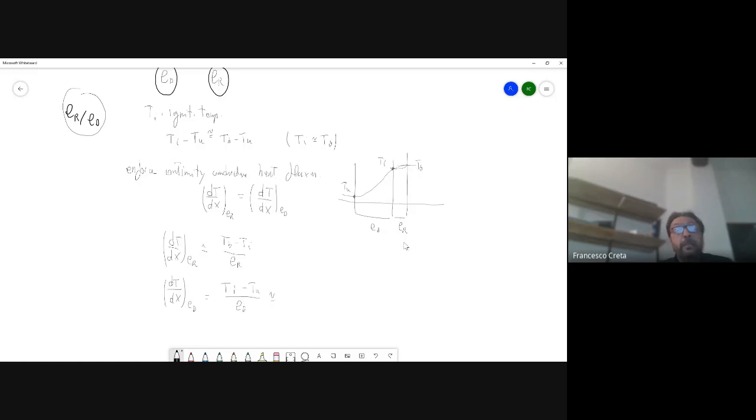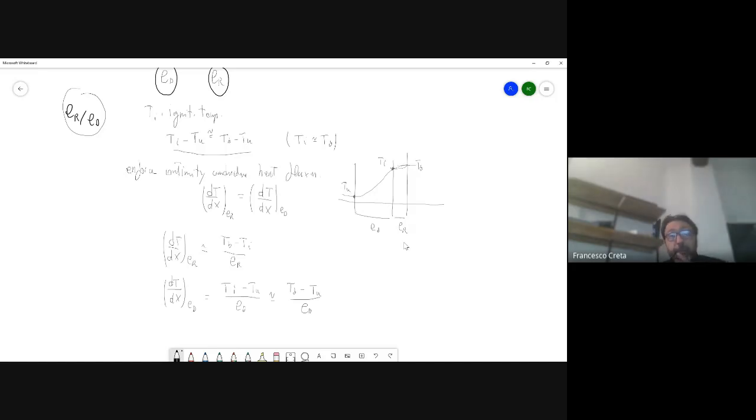As we said, because the ignition temperature is very close to the final maximum temperature, the adiabatic flame temperature, this can be estimated as TB minus TU divided by LD.